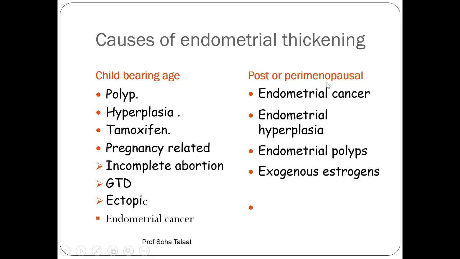While in the post or perimenopausal, we have endometrial cancer, endometrial hyperplasia, endometrial polyp, and exogenous estrogen. Maybe also there may be vaginitis, cervicitis. All this may cause some sort of vaginal bleeding. Endometrial cancer is not the most frequent, but it is the most important. We must exclude endometrial cancer from the start.